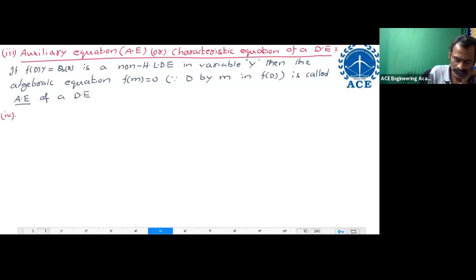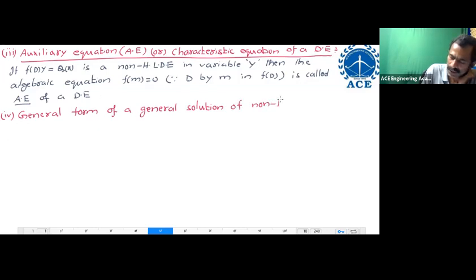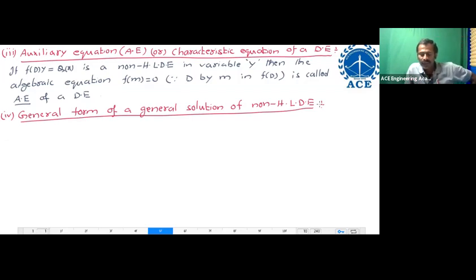Next, fourth one. General form of a general solution of a non-homogeneous linear differential equation.